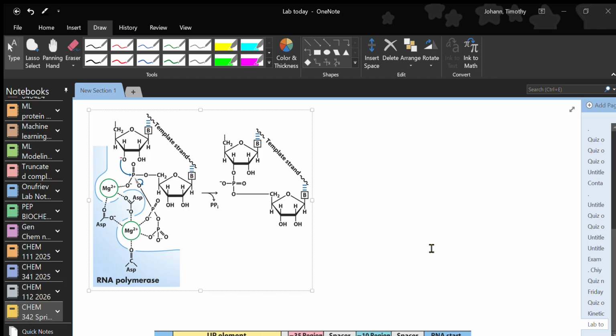Aspartate 124 and 154 are coordinated with a magnesium ion, which is then coordinated with the phosphate backbone. And in this case, it's the phosphates on ATP to hold it in place. So some of you mutated the aspartate, and presumably your hypothesis would be that if I mutate the aspartate to an alanine, then the magnesiums aren't held in place and they're not going to hold the ATP in place. So you don't need to worry about that.